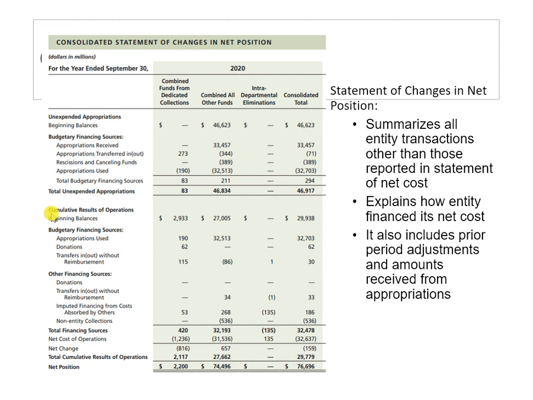Okay, regarding the cumulative results, we also have a beginning balance plus any appropriations used. Once they're used, right, it becomes the cumulative results. And there are other adjustments.